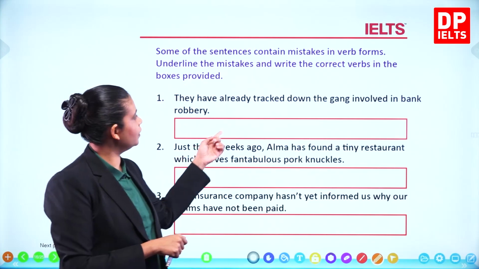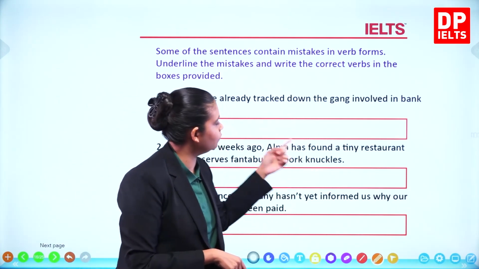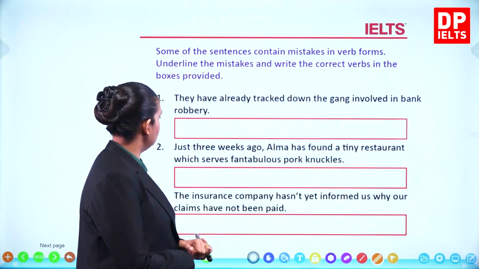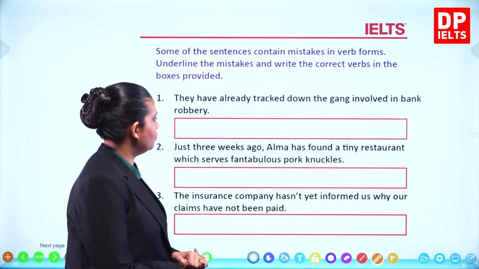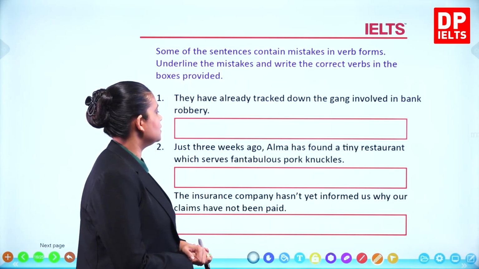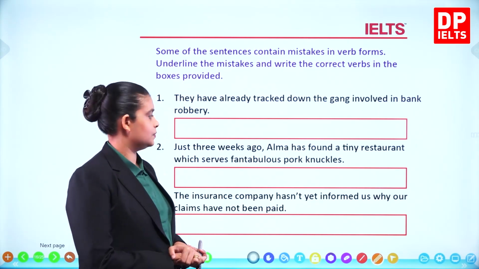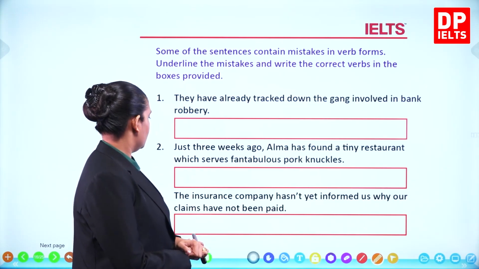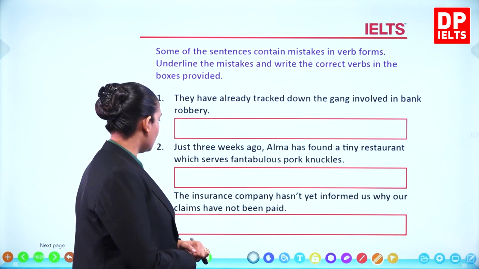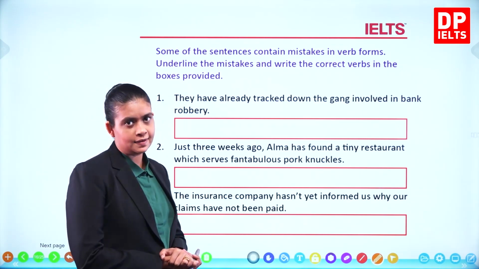They have already tracked down the gang involved in bank robbery. Second one, just 3 weeks ago, Alma has found a tiny restaurant which serves fantabulous pork knuckles. The insurance company hasn't yet informed us why our claims have not been paid.